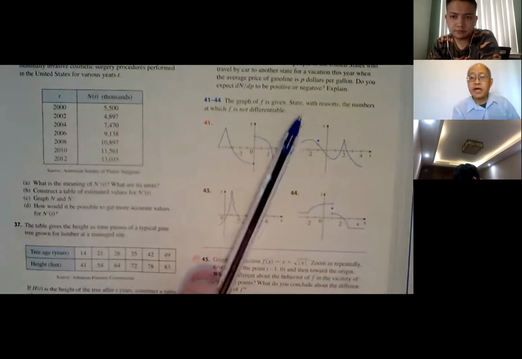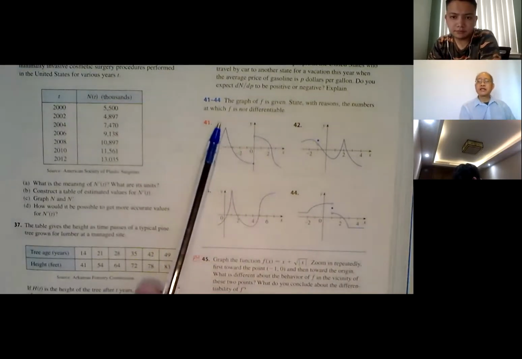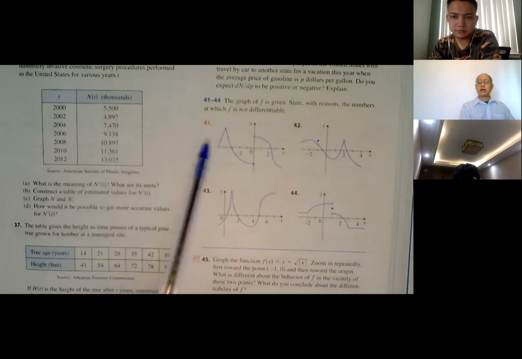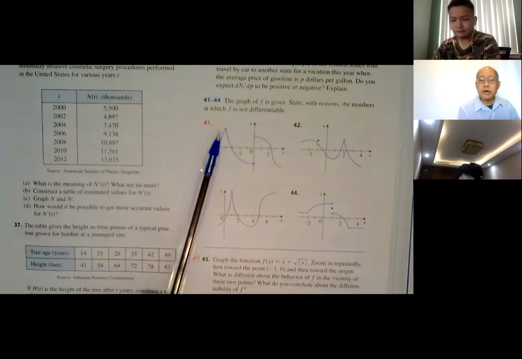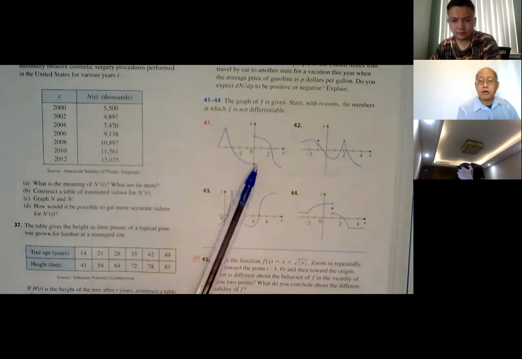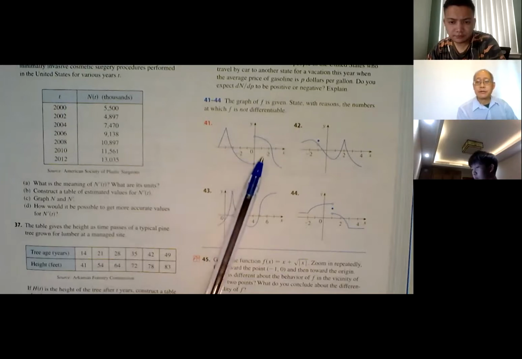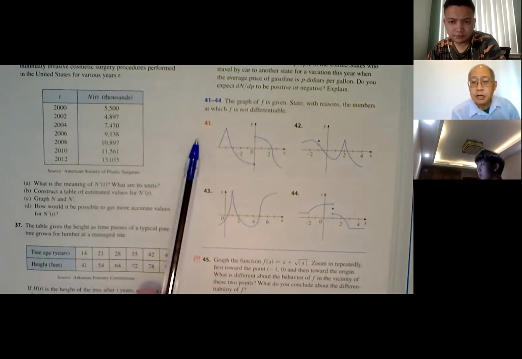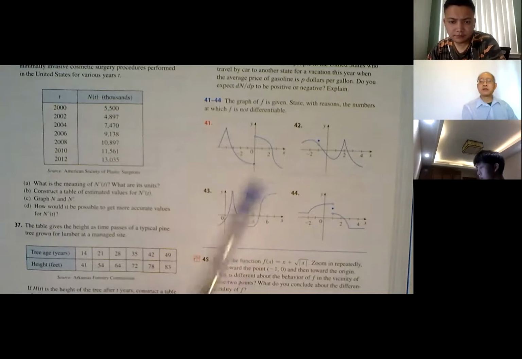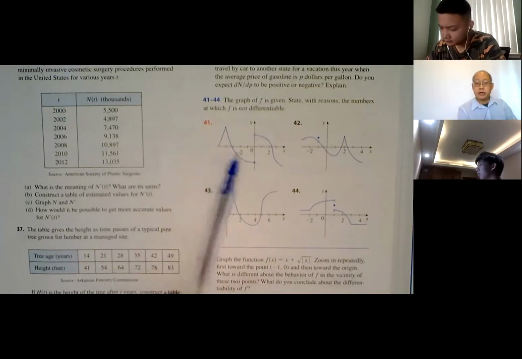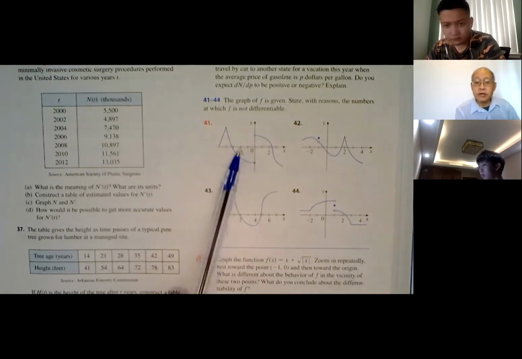State with reasons the numbers at which the function is not differentiable. We're either going to have a corner point like this, or a point where the function is not continuous, or a vertical tangent line. So 41. Where is the function not differentiable? Right here. So where's here? Negative 1, 2, 3, 4.